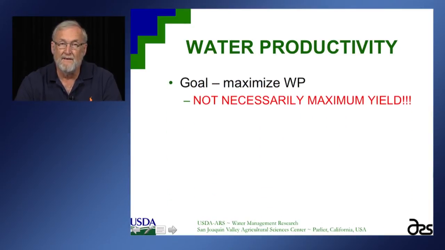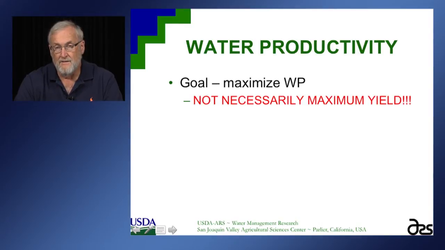So the other thing to really think about is that the goal is to maximize water productivity, and this doesn't mean that you're necessarily going to maximize the yield. As it turns out, research has shown that you have a production function where each increment of water provides you some sort of a yield, and at some point in time, that additional increment of water does not have the same value in terms of increasing yield.